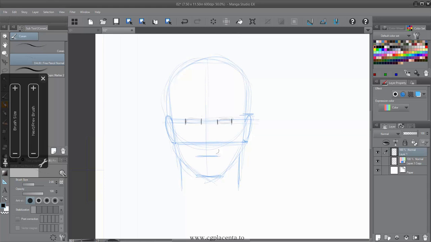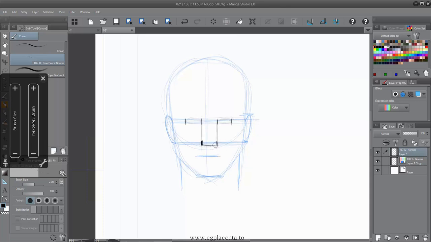And then the nose is roughly the same width as the space in between the eyes, roughly, depending on the person. Okay, if you have a big nose, it'll be different, but generally speaking, if we draw a line straight down here, this would be the width of our nose.